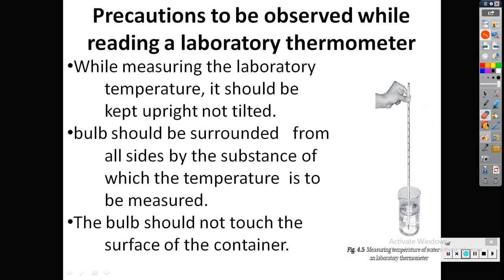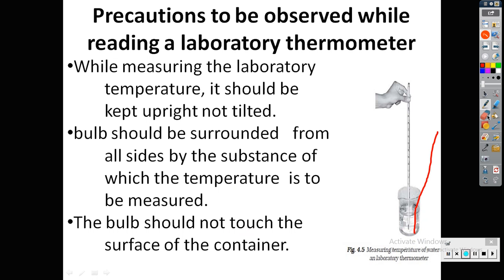And third point, if the thermometer is tilted and the bulb is touching the bottom of the beaker while taking the measurement, it will not read the temperature of the liquid; it will read the temperature of the beaker. So can we get the correct measurement? No. So the bulb should not touch the container.